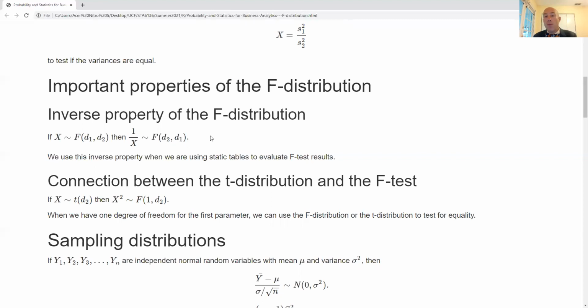Let's say it's back in the day when people had to use tables to look up probability values. Well, if I'm working with tables, not every single possible value can get printed out. It's just not feasible. We only have so much paper, and the books would get so big that they didn't want to print everything out.